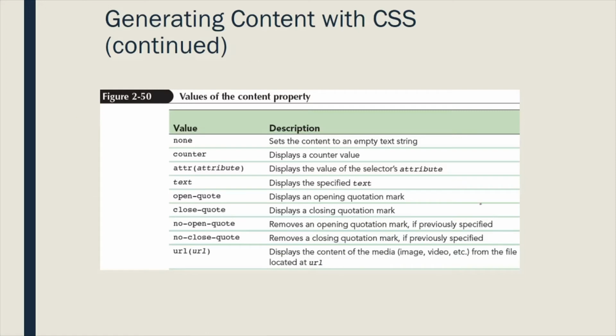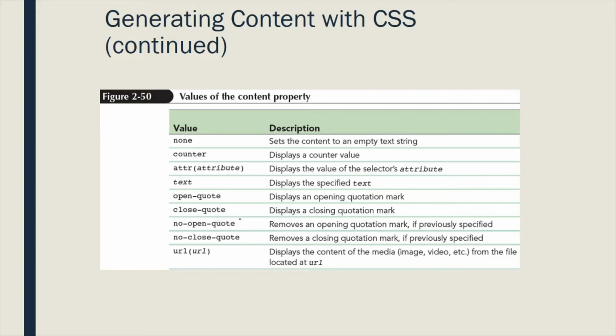Now we have here the values of the content property. The first column shows the value, and the second column shows the description of each of the values. None, this sets the content to an empty text string. The counter, this displays a counter value. An attribute displays the value of the selector's attribute. Text displays the specified text. Open quote, this displays an opening quotation mark.